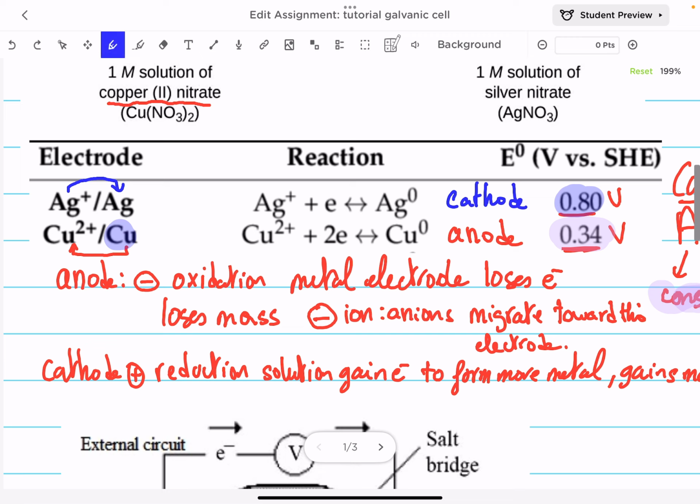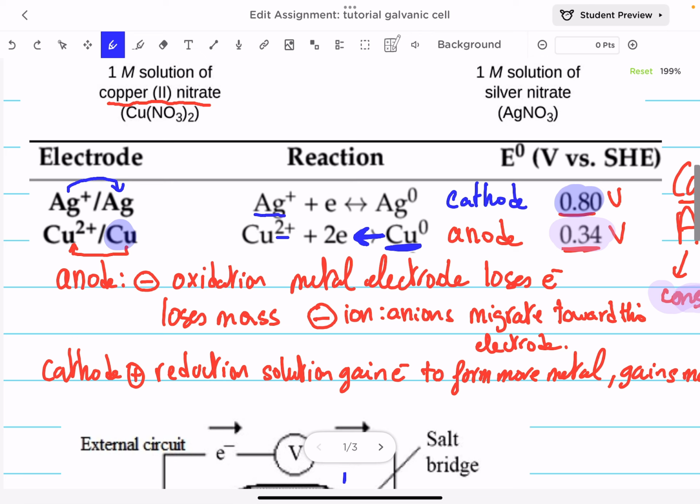So between copper and silver, I will say that copper is more reactive than silver, because copper is going to start losing electrons and turning into copper 2+. So copper will get oxidized. Copper is a stronger reducing agent.